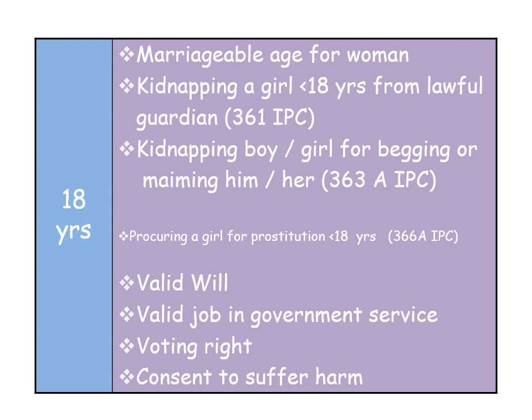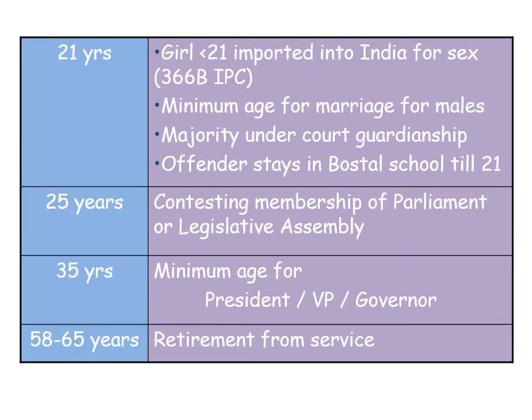At 18 years, he can give a valid will, he becomes an heir to the property, he can go into government service, he gets the right to vote, and he can give consent to suffer harm, like surgical operations. At the age of 21 years, if a girl is imported into India for intercourse, it can be dealt with under 366B IPC.